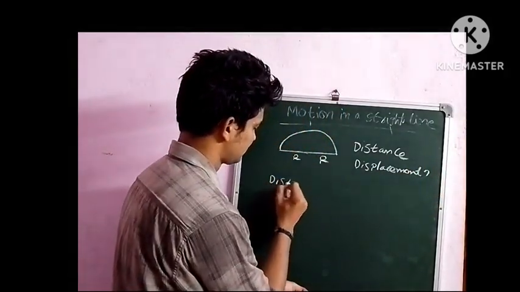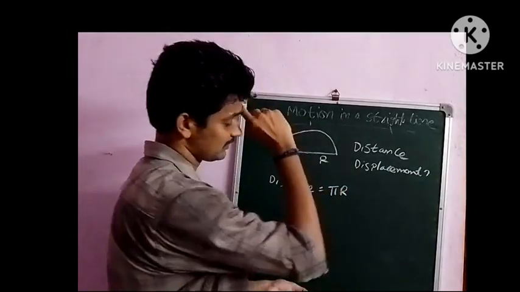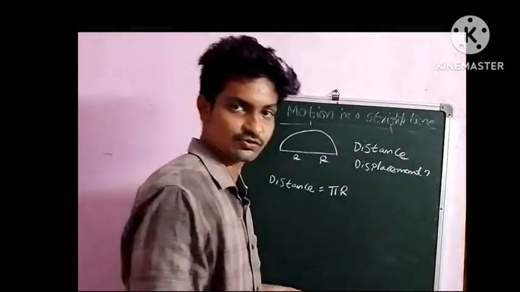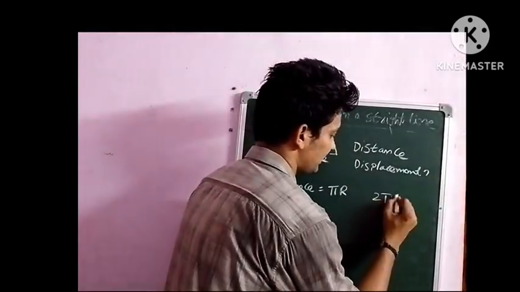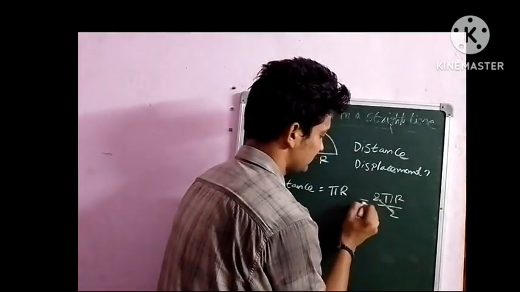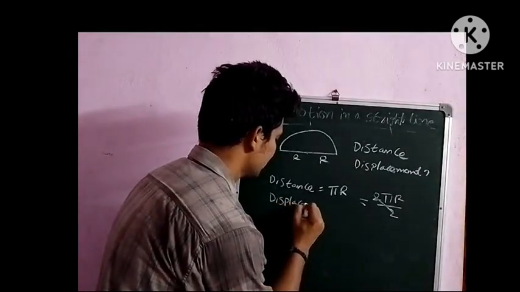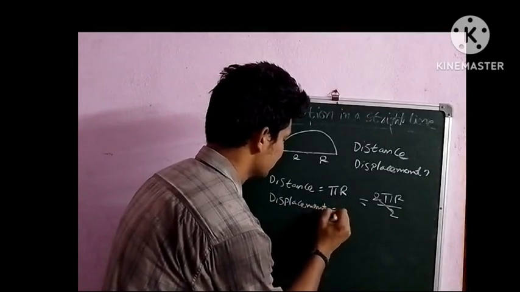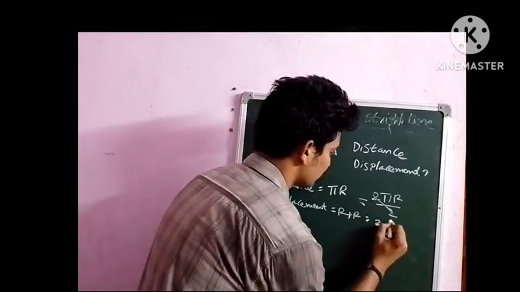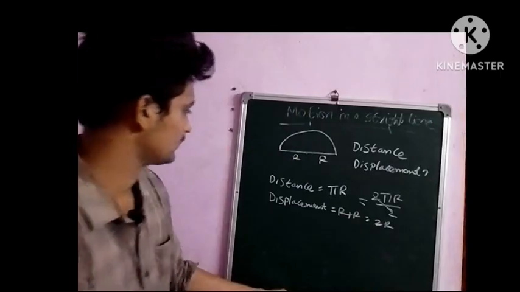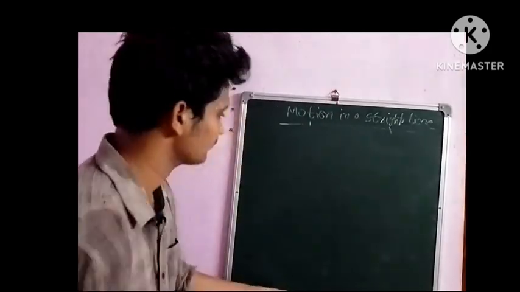Distance is pi r, because the total circle circumference is 2 pi r, so the semicircle circumference is 2 pi r by 2, nothing but pi r. And what is the displacement? Displacement is equal to the shortest length, r plus r, which is 2r. This is closed.